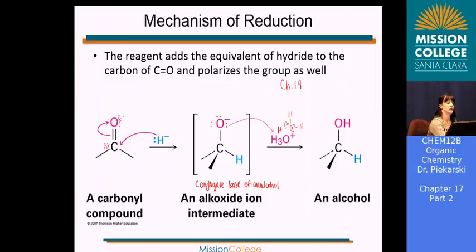So this will be eventually what you're going to learn in chapter 19 called nucleophilic addition. And basically what is happening is that the hydride anion attacks the electrophilic carbon atom of the carbonyl group.